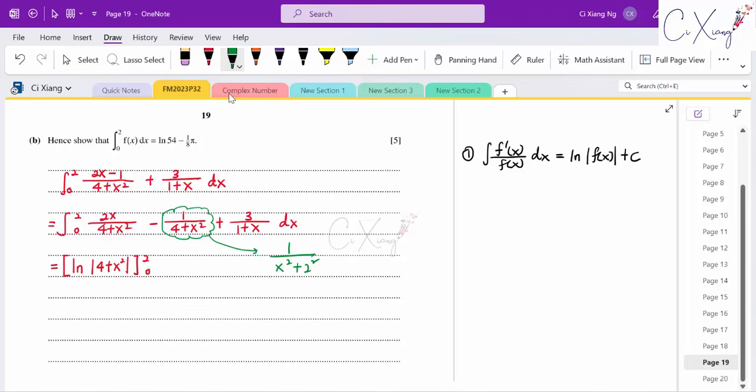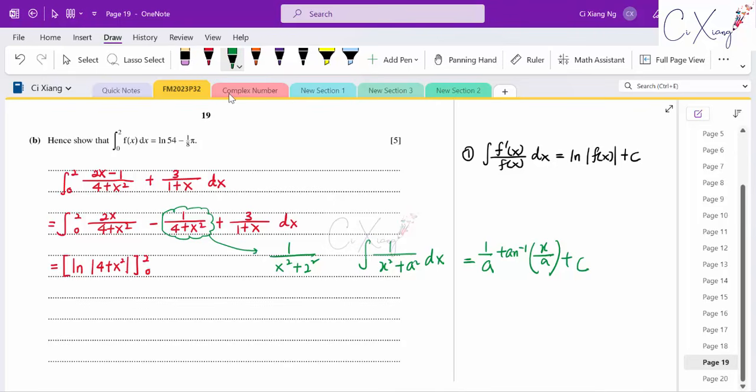To integrate this function, we should try to link it with the formula where the integration of 1 over x squared plus a squared equals 1 over a times tangent inverse x over a, plus c. So this is one of the formulas that you can use.